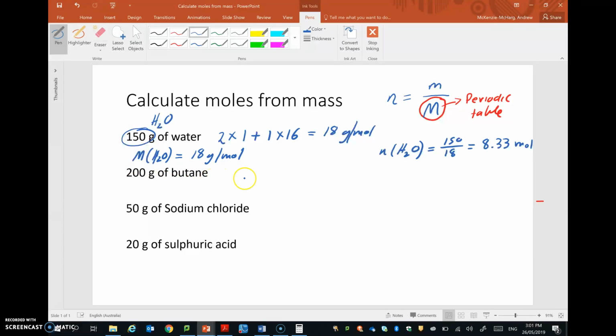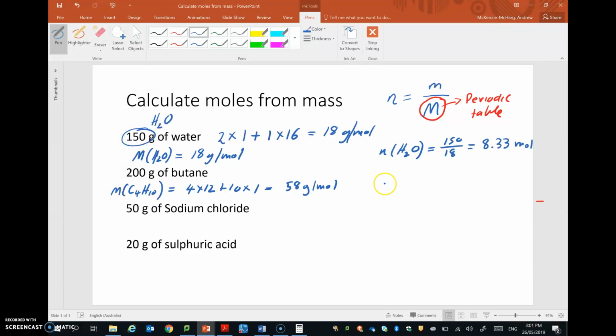Righto, so butane. So the molecular mass of butane, which is C4H10. So we've got 4 lots of carbon, which are 12 each, plus 10 lots of hydrogen, which are 1 each. So 4 12s, we get 48, and 10 makes 58 grams per mole.